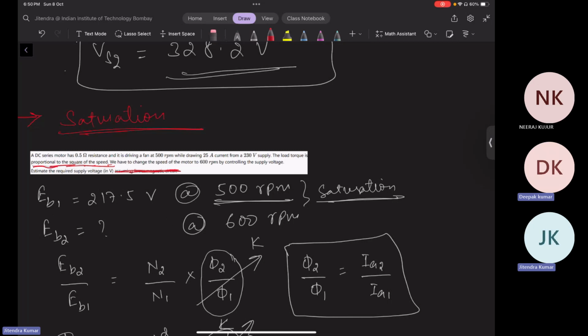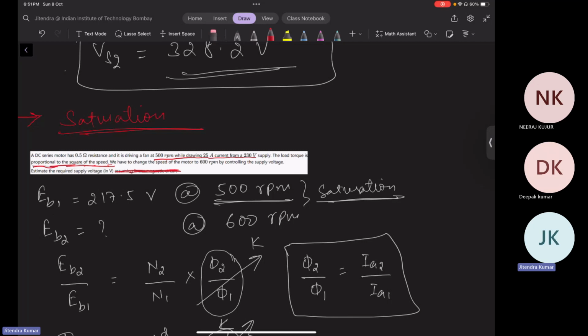And sir, how can you say that 500 RPM is the rated speed of the fan? Because the rated condition is given. These are the rated conditions: 230 volt of supply, 25 amperes of current, 500 RPM. It is the rated condition provided, right? At which you have the rated flux.